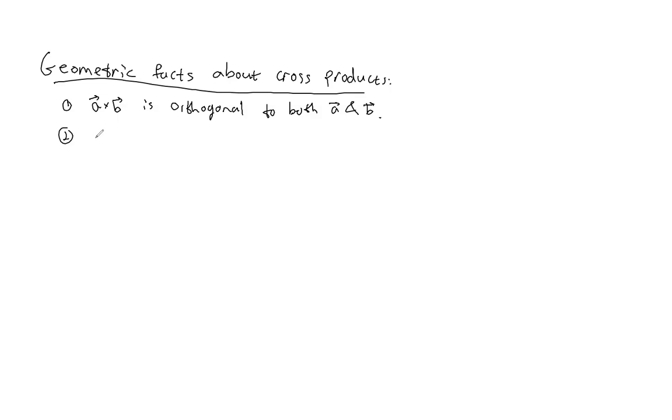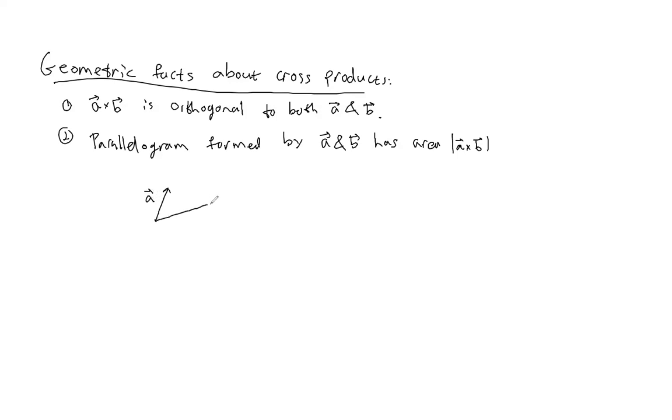For example, the parallelogram formed by A and B has area given by the magnitude of A cross B. So in particular, here's your A and here's your B. As a result, you get this parallelogram that comes from completing both sides of it.